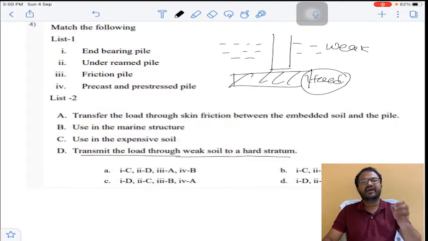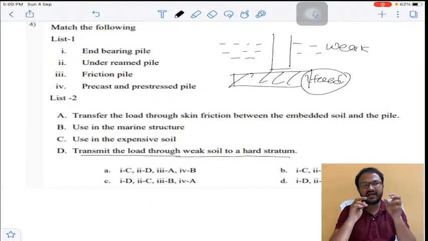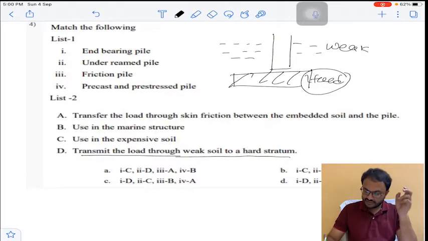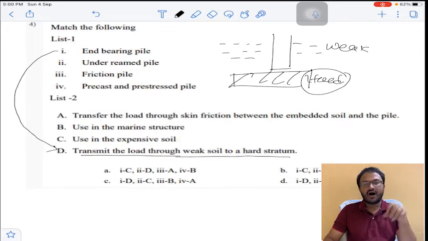Whenever there is weak soil, we need to transfer the load from this weak soil to a far depth. Below that depth, it is required to provide hard stratum. So end bearing pile can transmit loads through weak soil to hard stratum. So for option 1, D will be matched.